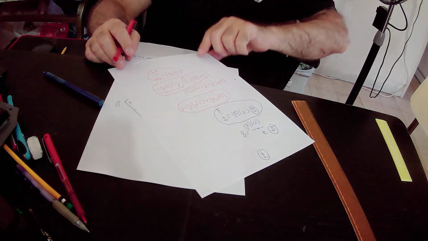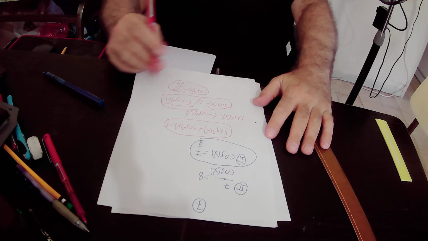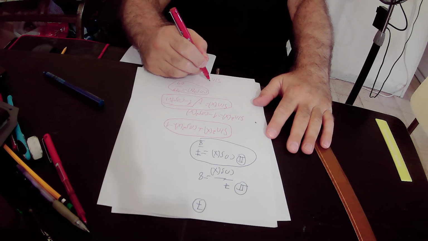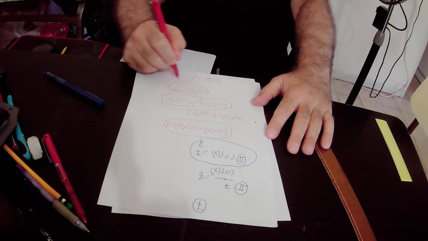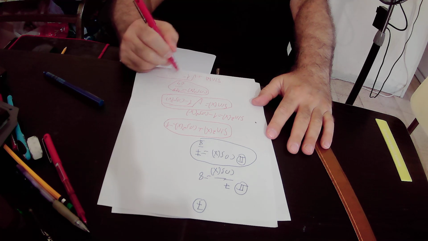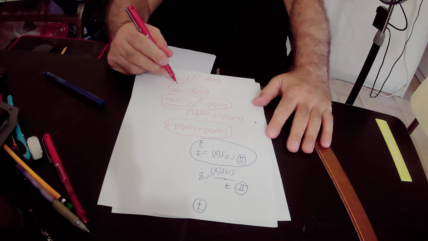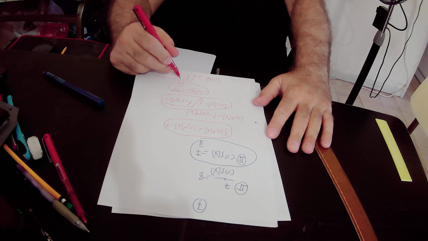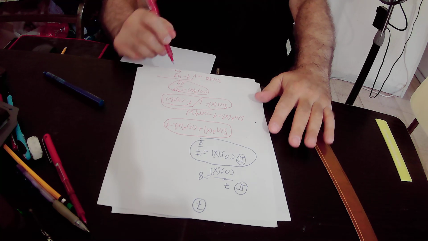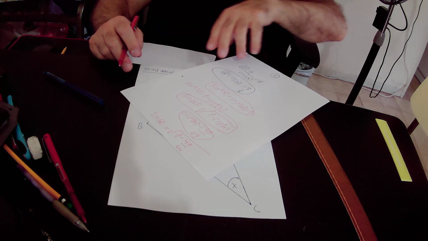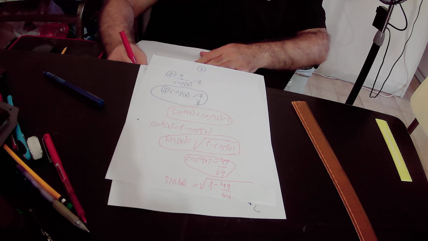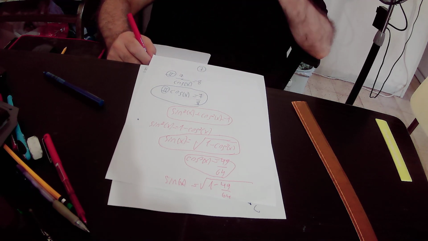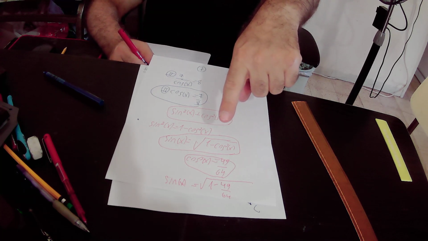So we will get that sine x equals the root of 1 minus cosine square x, which is 49 over 64. First of all, we will substitute 1 by 64 over 64.